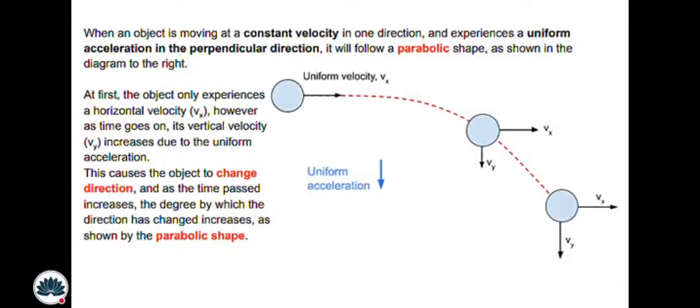In the ball you can see that the uniform velocity is considered as Vx, and the uniform velocity is also the horizontal velocity, which is also explained by the Vx.